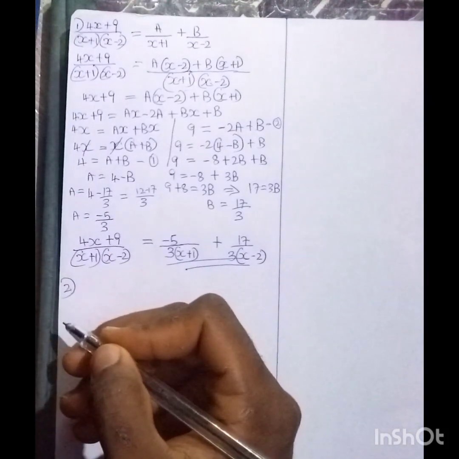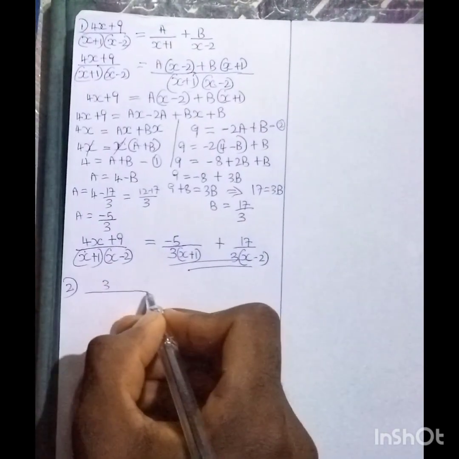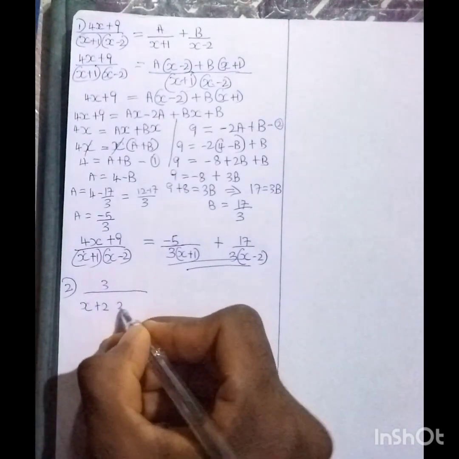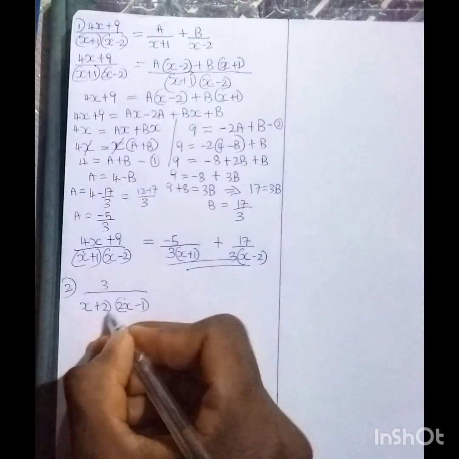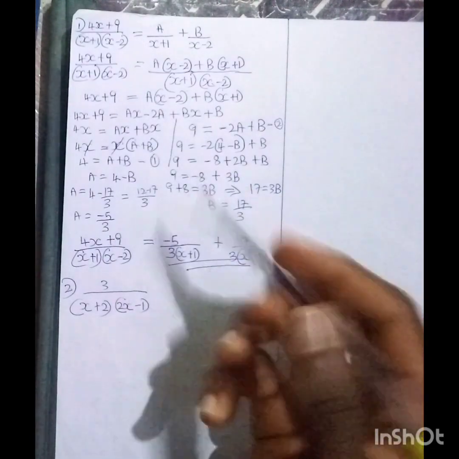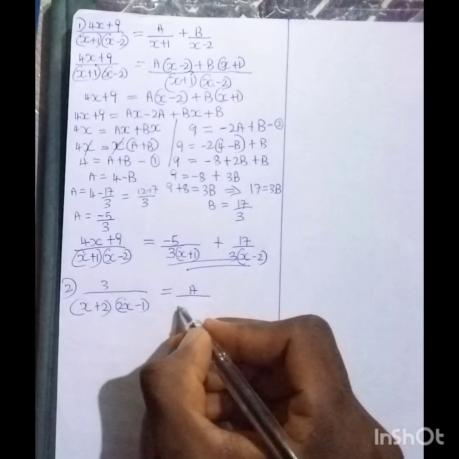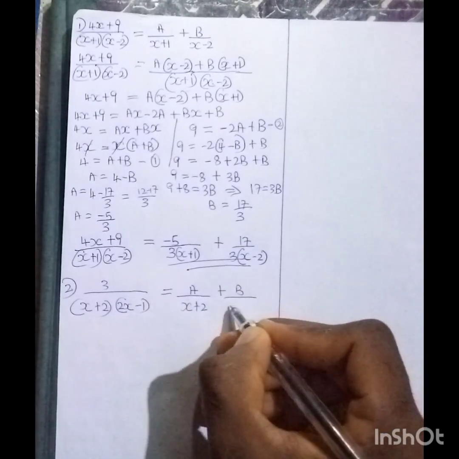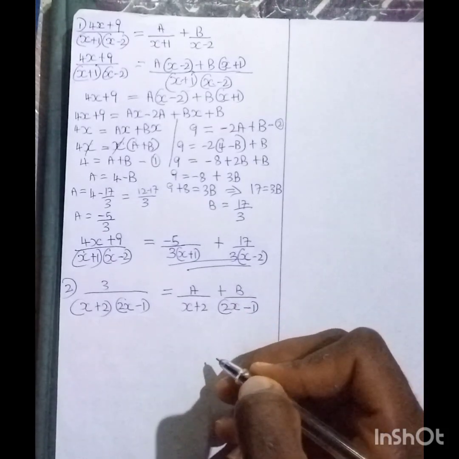Question number 2 says 3 over (x + 2)(2x - 1), and the principle is the same as in the previous one, which is equal to A over (x + 2) plus B over (2x - 1).